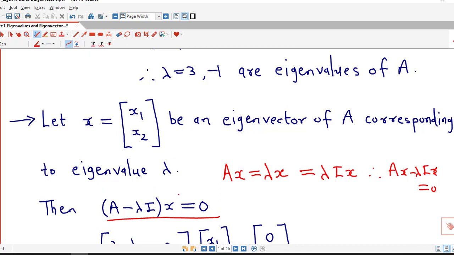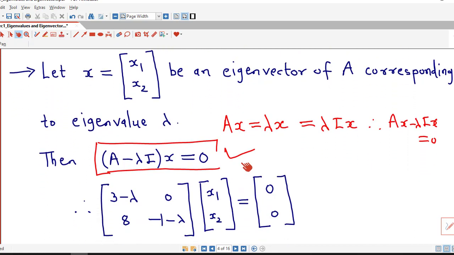So an eigenvector is a solution of this homogeneous linear system, and that solution must be different from the zero solution. That is, we are interested in the non-trivial solutions of this homogeneous system. First we simplify this system for an arbitrary eigenvalue, and then we put lambda equal to 3 and minus 1 and solve the corresponding systems.